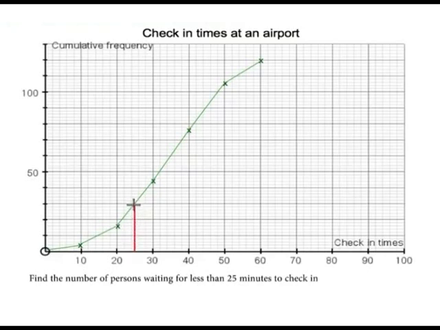Then across, the number there is 30 people. It means the 30th person waits for exactly 25 minutes, which is not less than 25. And since we don't have a fraction of a person, we say that 29 people then are waiting for less than 25 minutes.